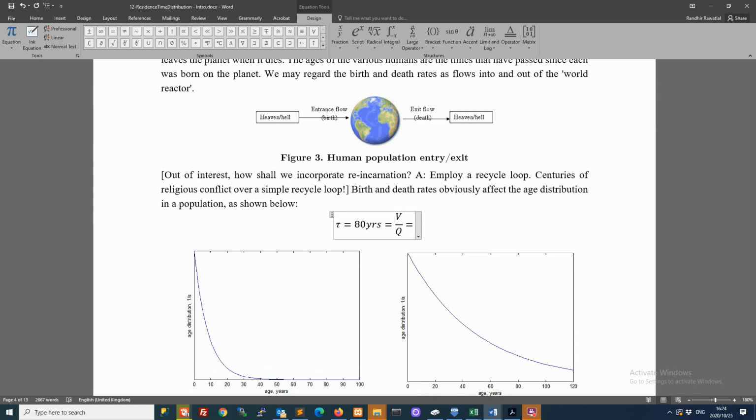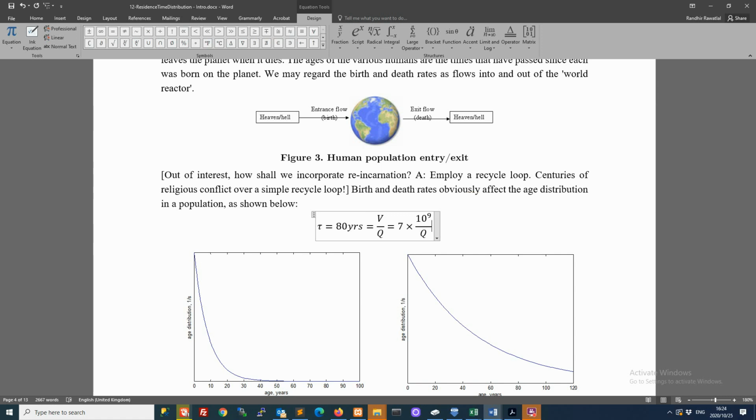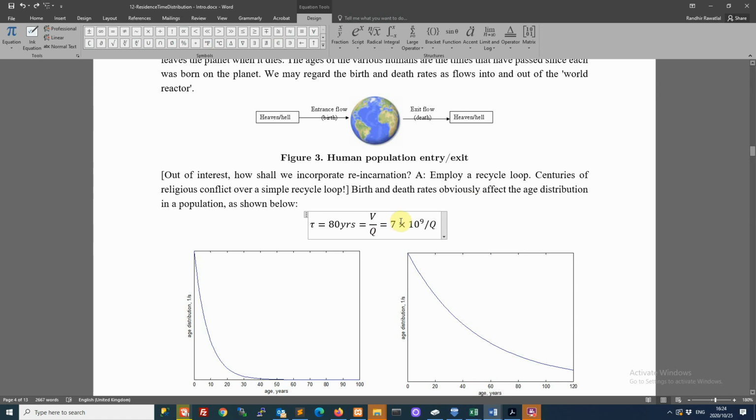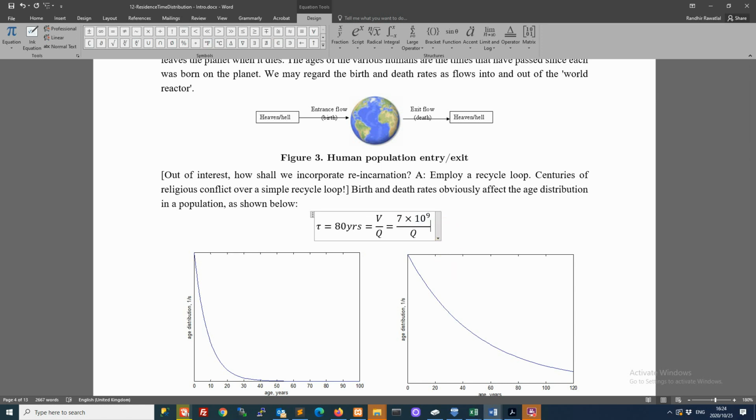So our total number is about 7 billion, so 7 times 10 to the power 9, and then divide by Q. So you could say from this that our average death rate is 7 billion divided by 80 years. So that's the average death rate.